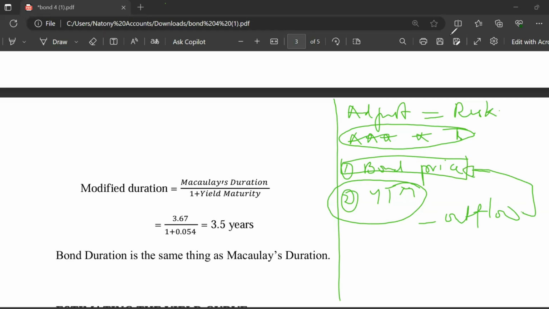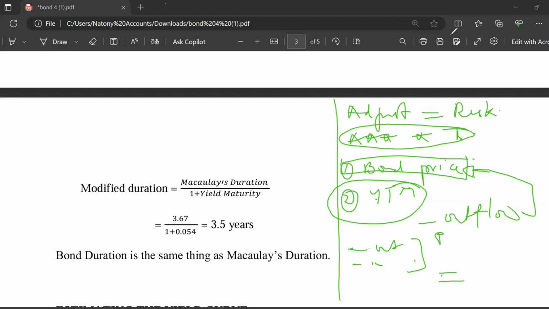So you must have the bond price, and you must have the annual interest for each of the years. So your YTM now becomes your outflow, your inflows, which is your interest plus principal repayments, discounted at the very first rate, whatever you have.